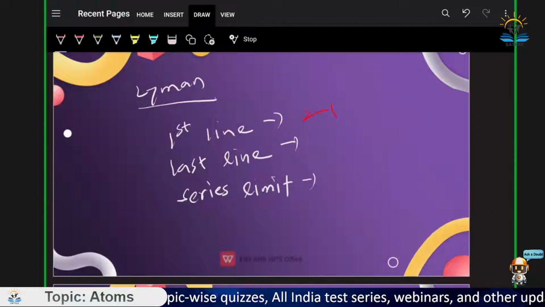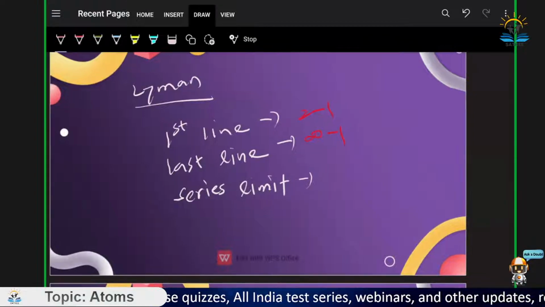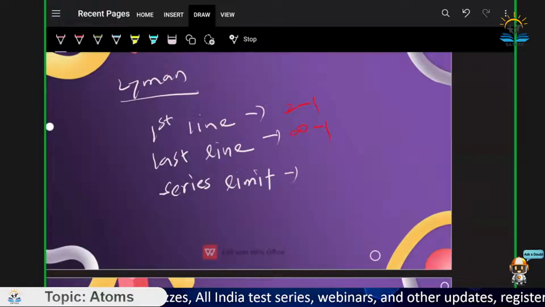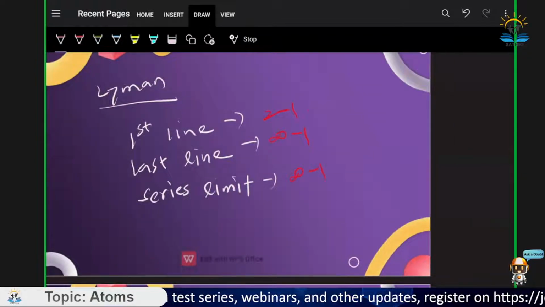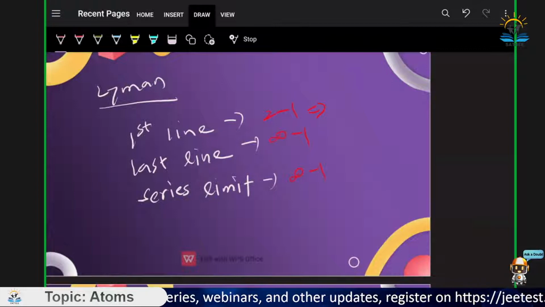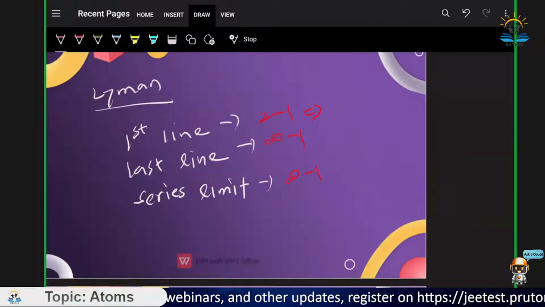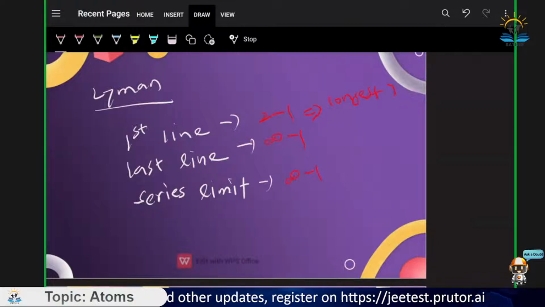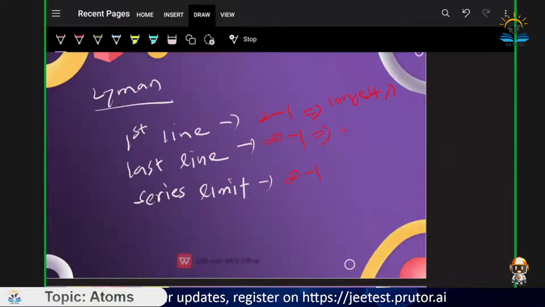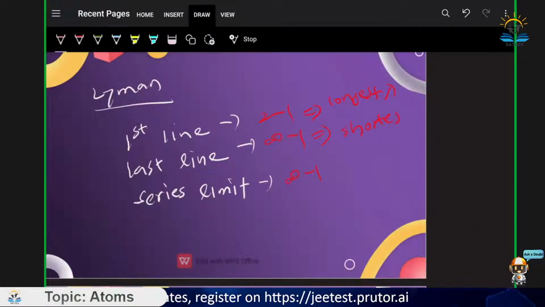Last line means infinity to 1, and series limit also means infinity to 1. First line has low energy gap, which means longest wavelength. And last line will have shortest wavelength.